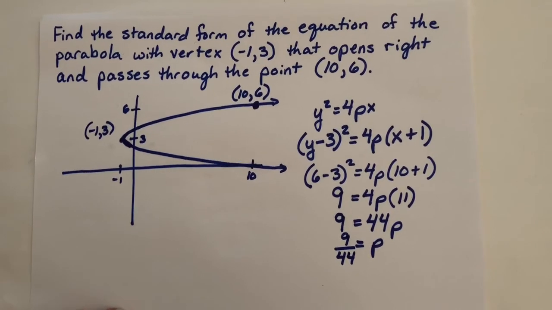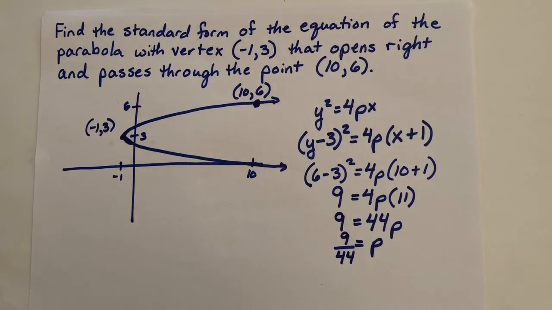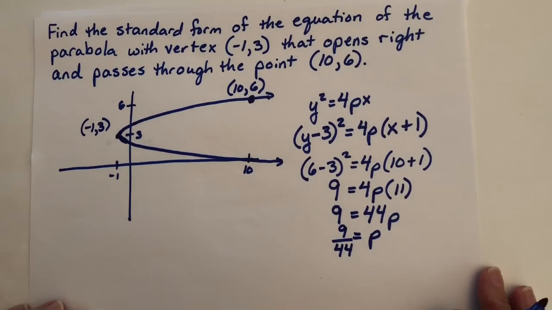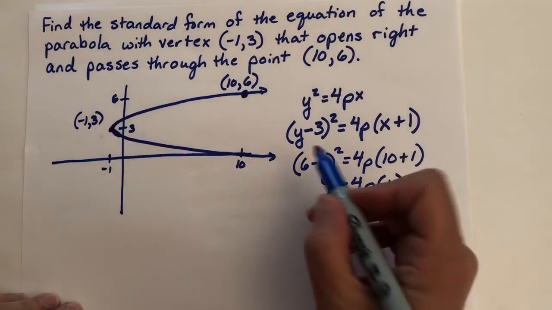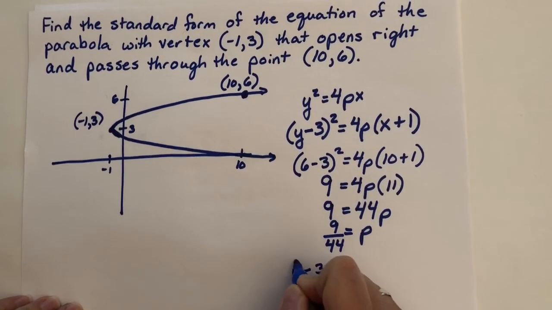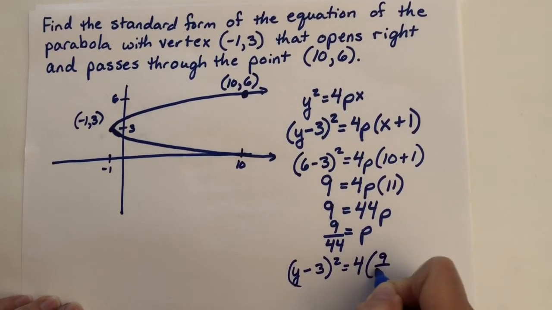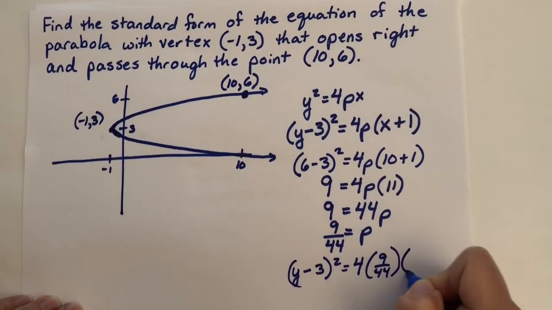And notice p is positive, as we expected. It opens to the right, so we would expect p to be positive. So if we substitute 9/44 into our equation, right here, we have y minus 3 squared equals 4 times 9 over 44 times x plus 1.